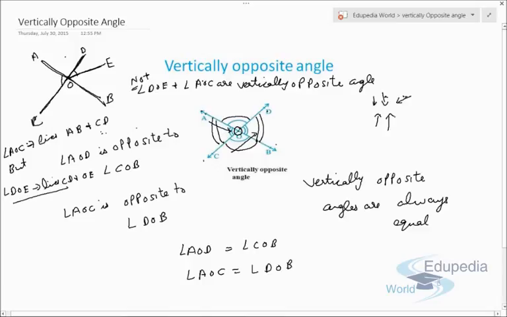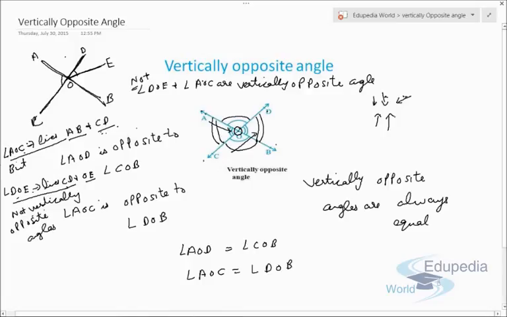So you have to watch very carefully. To be vertically opposite angles, the angles should be formed by the same lines. If angle AOC is formed by the lines AB and CD, and angle DOE is formed by the lines CD and OE, then these two angles, AOC and DOE, are not vertically opposite angles. So you have to watch very carefully while using the concept of vertically opposite angles.